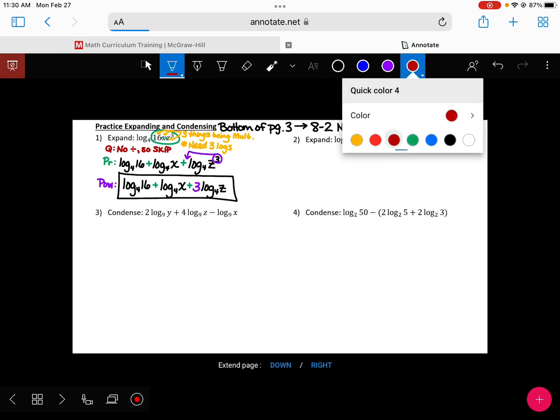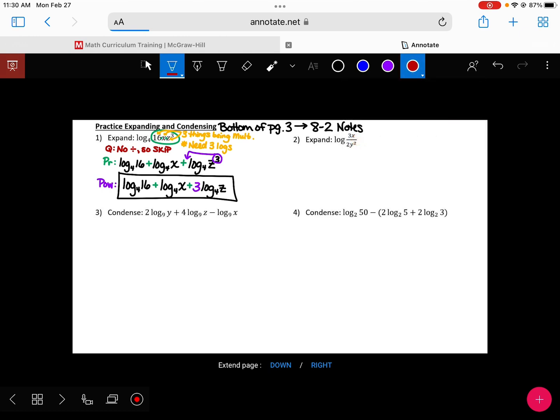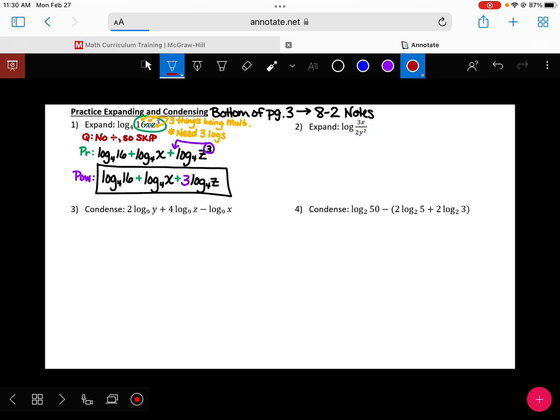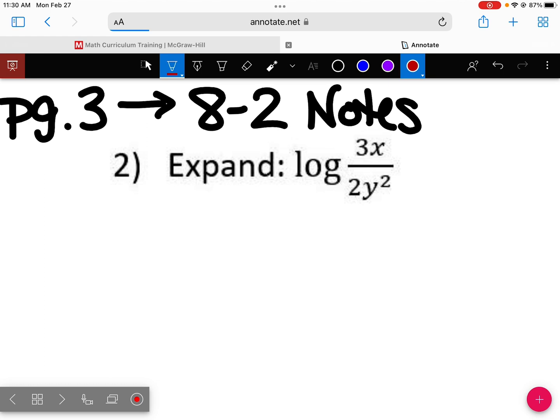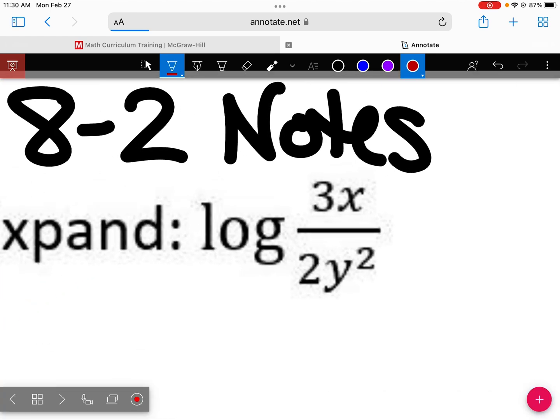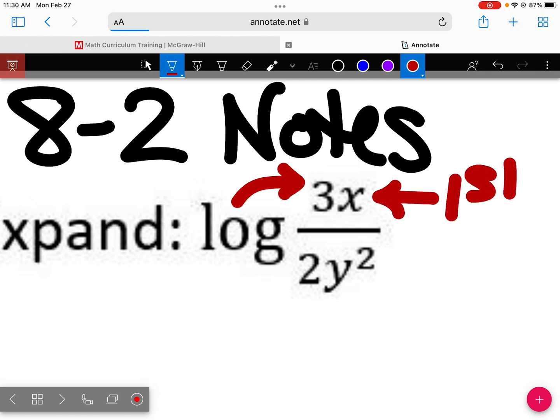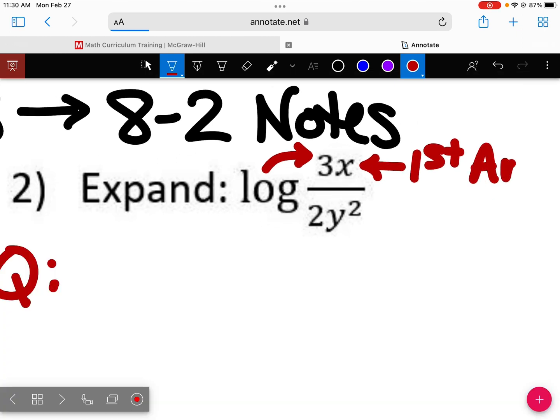Do I need the quotient property on number 2? Yes, because it has division. So log of the top, this is my first argument. And then log of the bottom, this is my second argument.